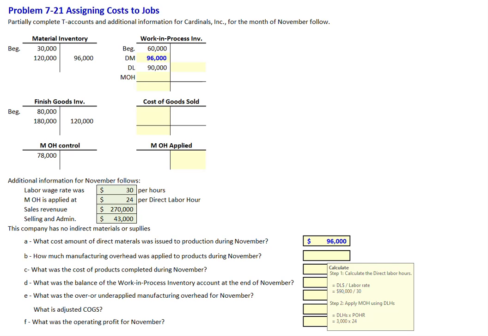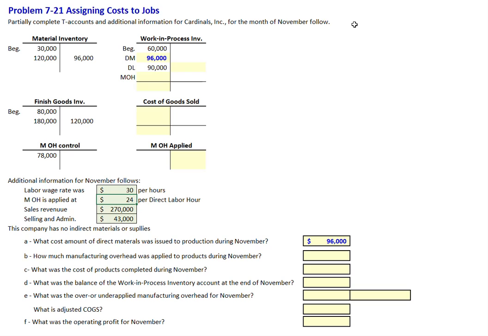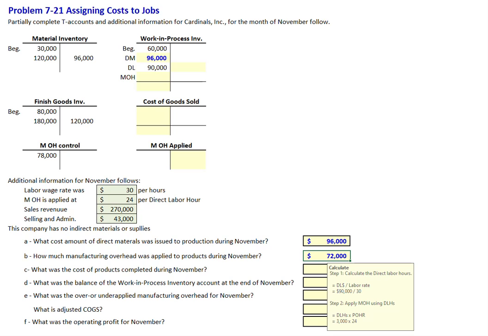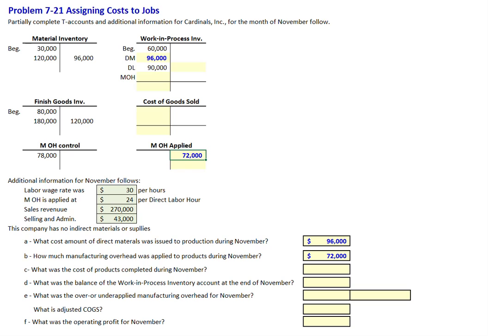We next multiply that 3,000 hours by our predetermined overhead rate of $24 per direct labor hour, and that gives us $72,000 for manufacturing overhead applied. And of course that gets recorded as a credit to manufacturing overhead applied and a debit to work in process.